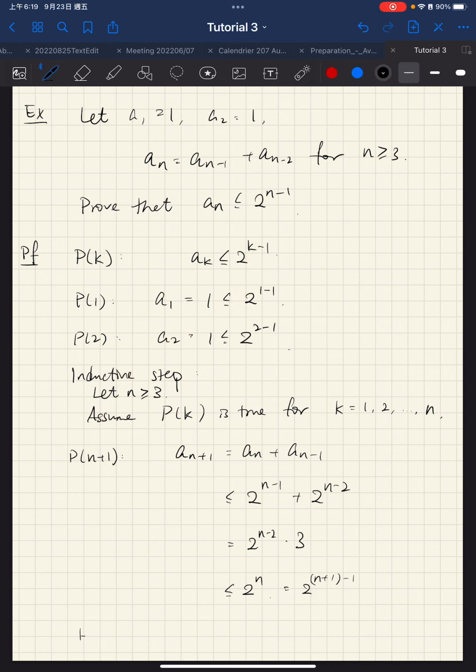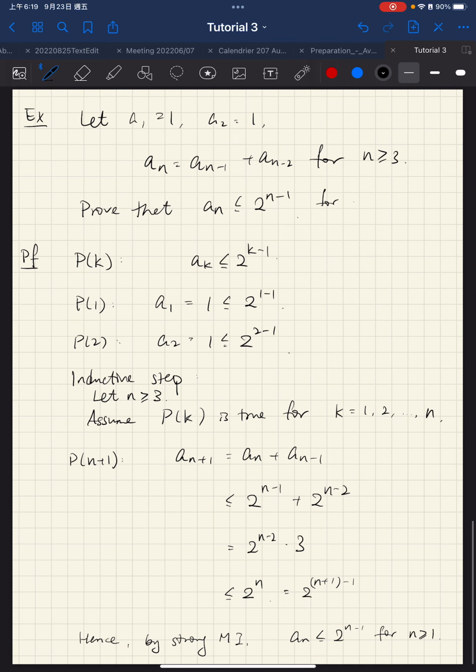And hence, by strong MI, it's done. There are little details that I have left out, but in fact, strong MI is just like this. Okay, see you next time.